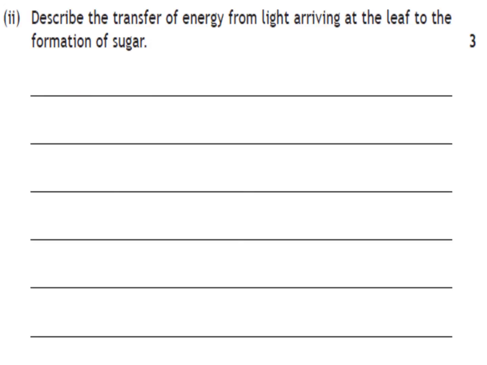Okay folks, here's a wee mini essay question. Describe the transfer of energy from light arriving at the leaf to the formation of sugar. So it's asking about photosynthesis. So there's a lot of things we can say. I want you to think about it for a few minutes and we'll have a wee chat about it.